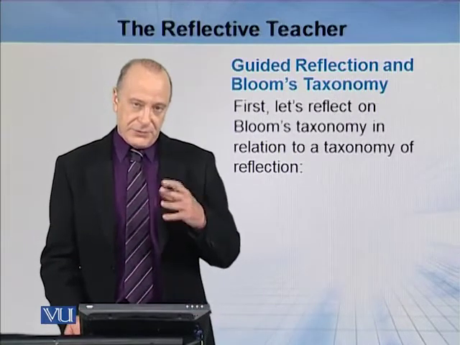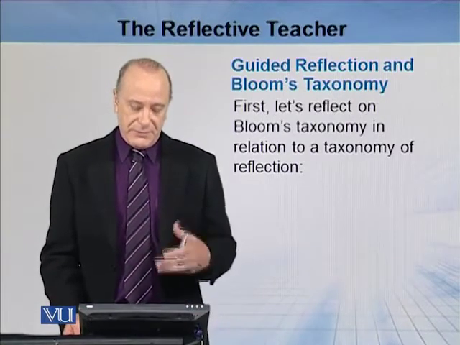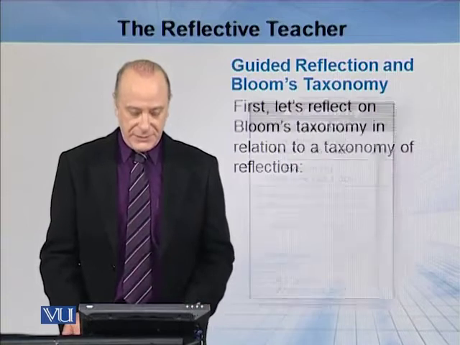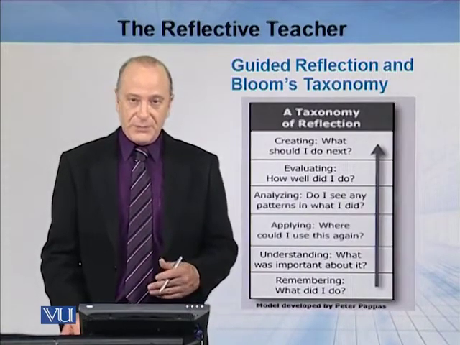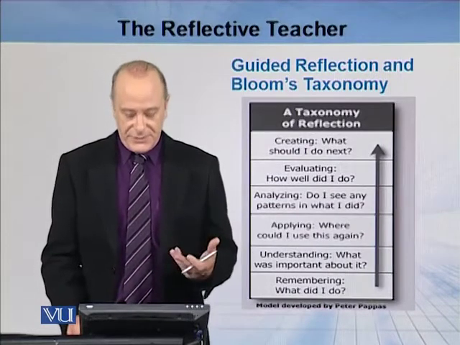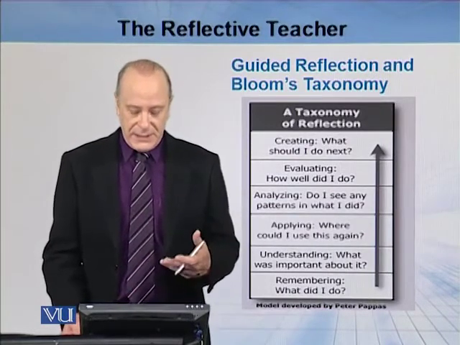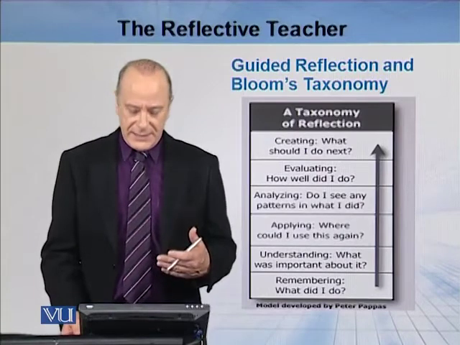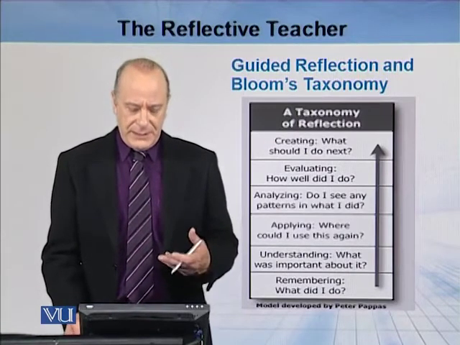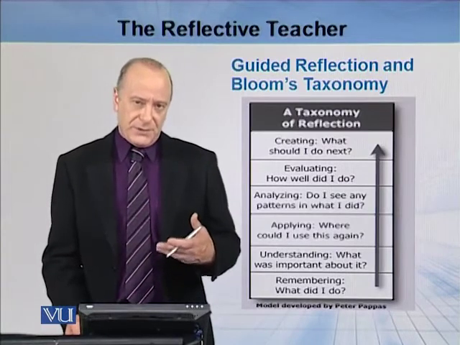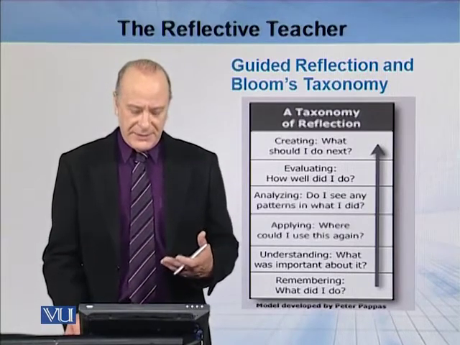First, let's try to reflect Bloom's taxonomy in relation to a taxonomy of reflection. In terms of lower order thinking, we can think of the teacher just remembering, describing, what did I do? And this goes through to understanding what was important about what I did. Beyond this, we move into middle order thinking, applying and analysing.